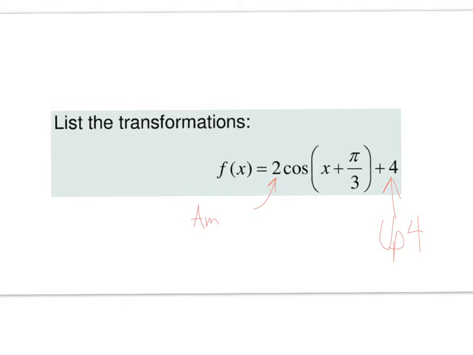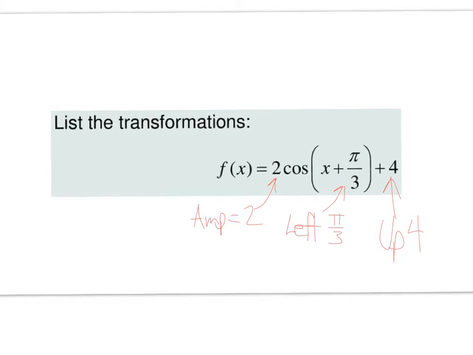So amplitude equals 2. And then how about this plus pi over 3? What's that going to do for us? It's going to shift to the left. To the left, okay? It's going to go to the left, pi over 3, whatever pi over 3 is.